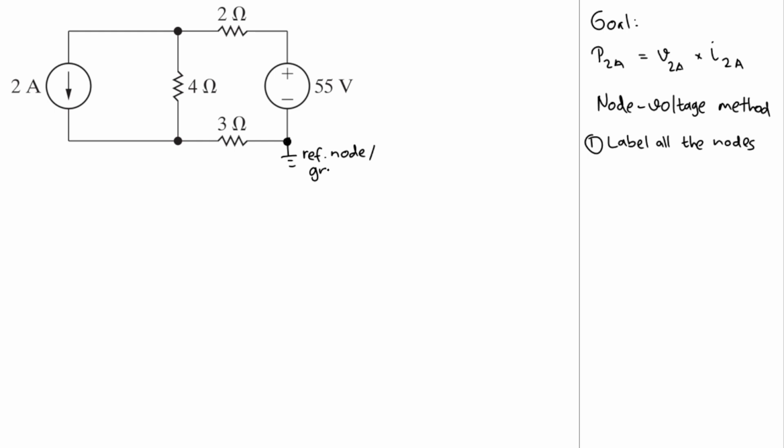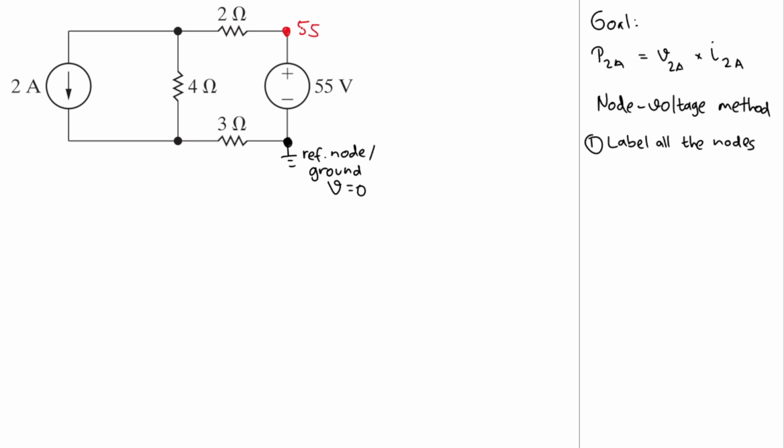Some other books call it the ground, and it means that the voltage in this assumed node is equal to 0, right? But then we have a 55-volt voltage source, and we know exactly the voltage here because the difference between this node and this node has to be 55, and we know that this is 0. This has to be 55 volt, right?